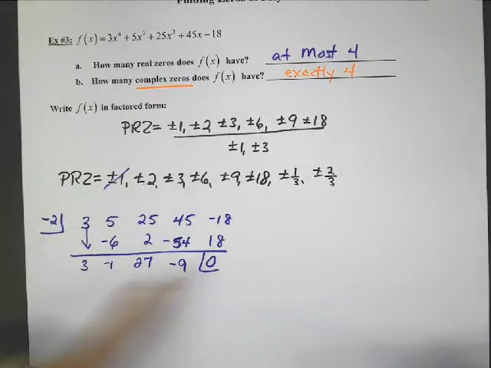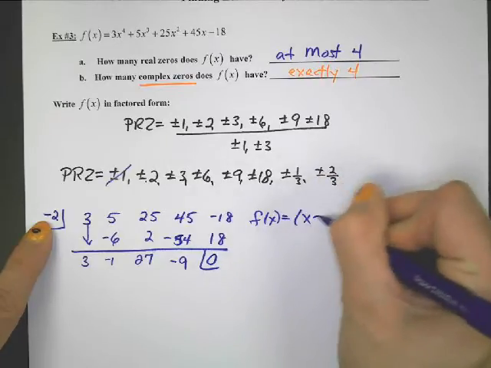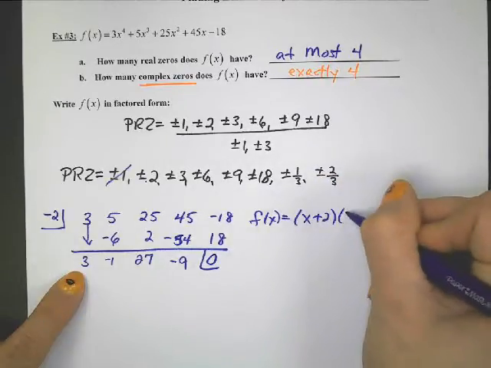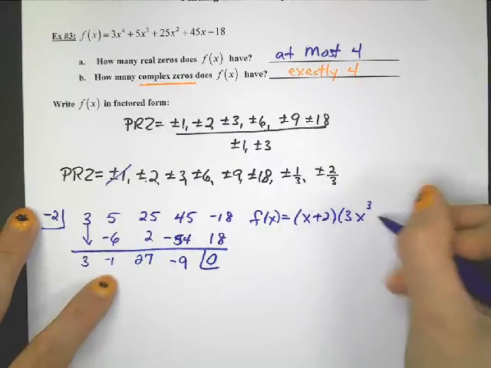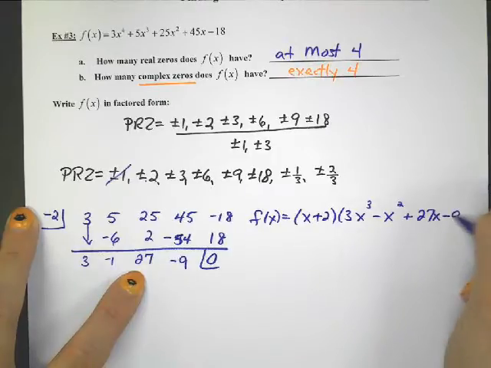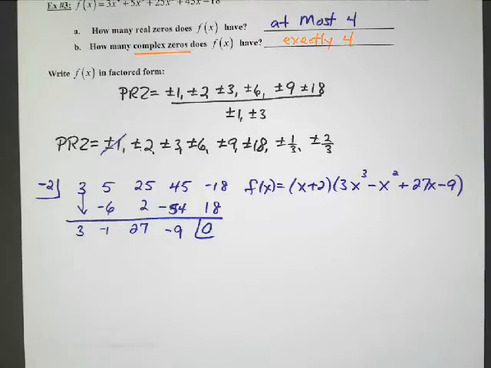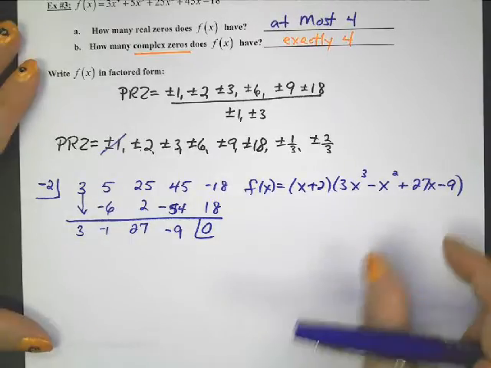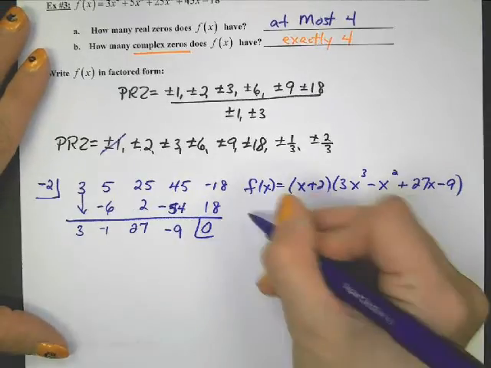As soon as you find a factor, let's write f of x in factored form. x plus 2, and it started off as a fourth power, so now I'm down to x cubed minus x squared plus 27x minus 9. Okay, now we can keep trying our PRZs, but people are starting to notice that, hey, if we can factor, let's just factor and get the job done here.